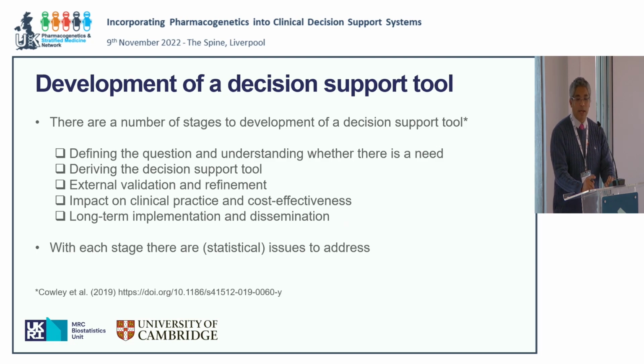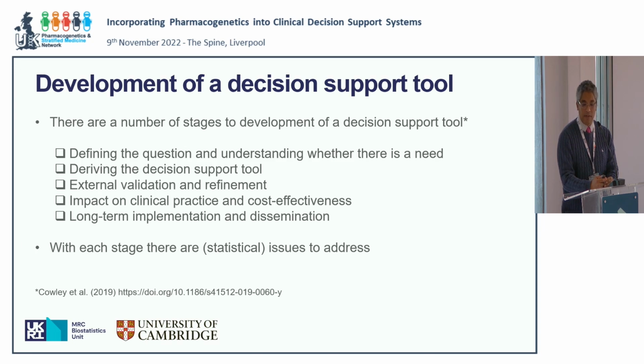So, when you come to developing a decision support tool, there are a number of stages to development of this decision support tool. And I like to consider these stages as 5 different processes. So first of all, you need to define the question and understand whether there is a need. And I'll come back to that afterwards. You need to derive the decision support tool, and that's where mostly the statisticians come in.